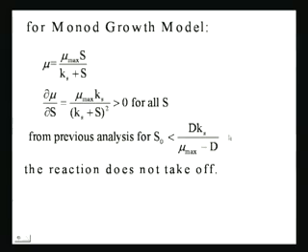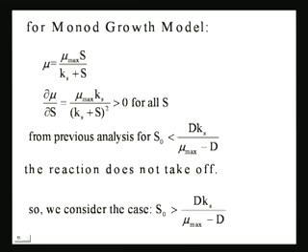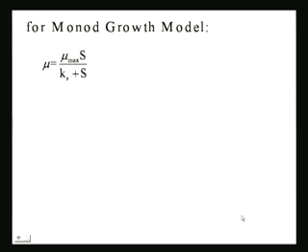So the denominator is positive here, but the reaction can only happen if S naught is greater than dKs over mu max plus d. We will consider that case only, because there is no point considering the other cases. Let me go back and show you the chart we had.